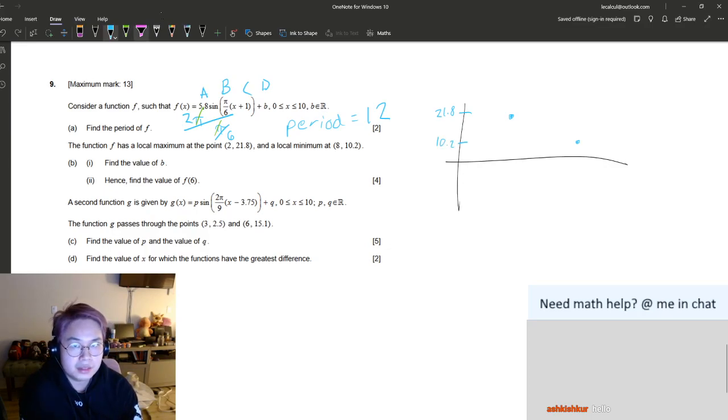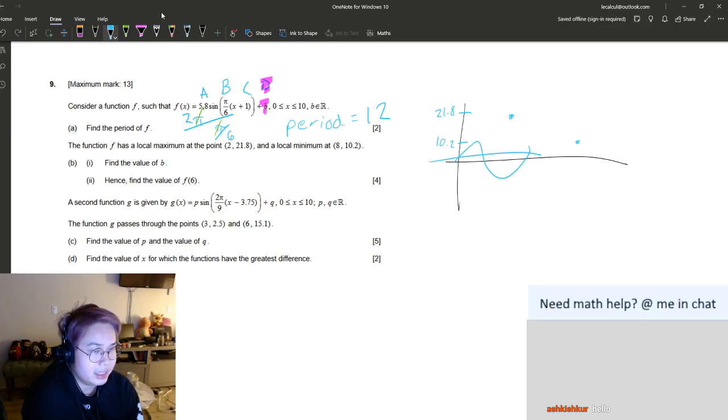Now, this function transformation d, which is the question's b, is a vertical translation. So sine normally has a center at a y value of 0. But what you did is you moved it up to here, in between the middle of the maximum and the minimum. So this is my b value. So let's just find the middle value.